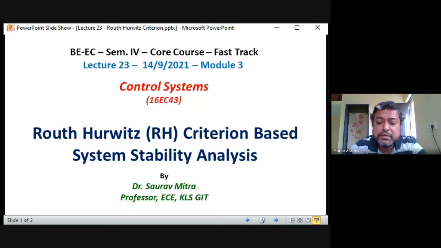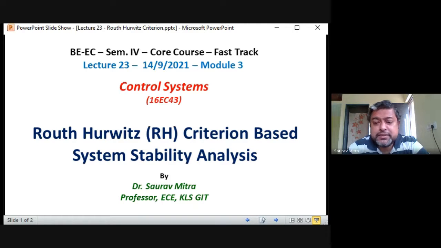Closed area means we can calculate how much the area is, and in that case that signal will be called an energy signal. All those fundamentals we will check. So this is all about system stability analysis, whether the signal has a bounded area or unbounded area. Bounded area always gives us a stable function.